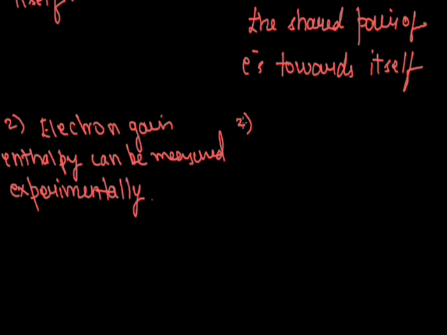Electronegativity is a relative number and cannot be determined experimentally. It means EN cannot be determined experimentally because it is a relative number.